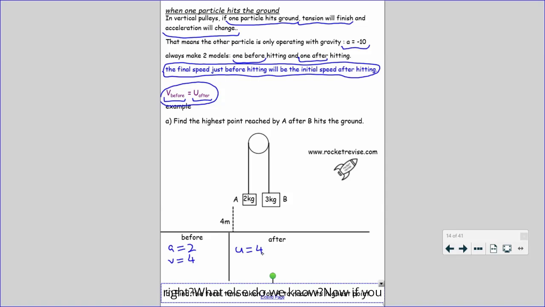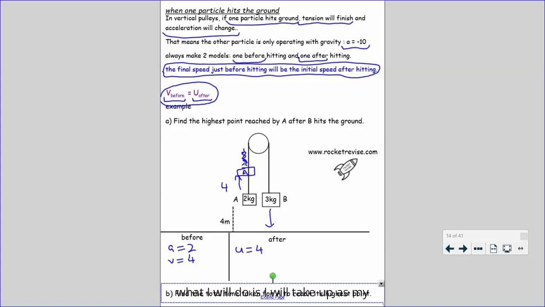Right, what else do we know? Now, if you look at particle A, after B hits the ground, A will go up by 4. So A will be over here. Okay, and after B hits the ground, A will keep going up by maybe 0.2 or 0.3 or whatever. Okay, the string will become slack. So straight after B hits the ground, A goes up.